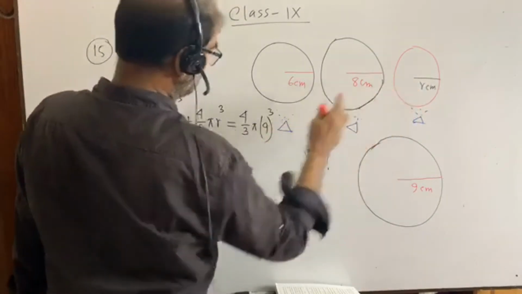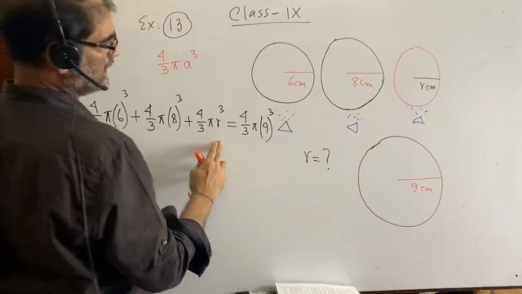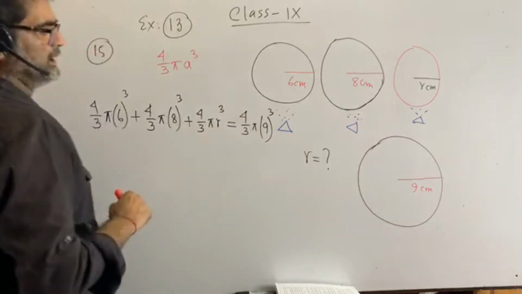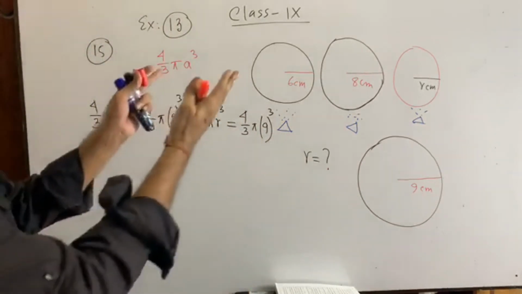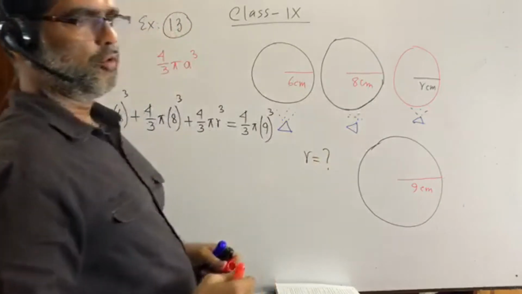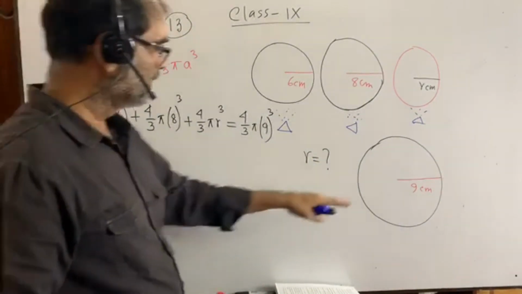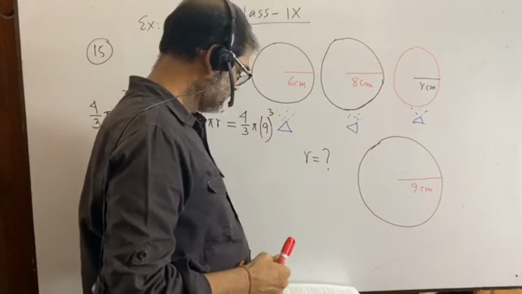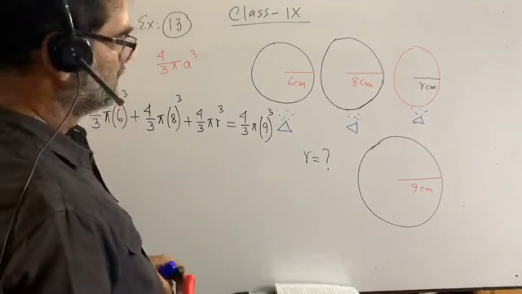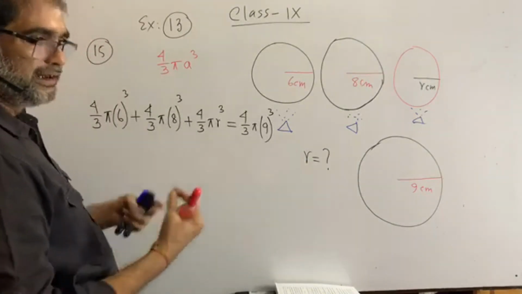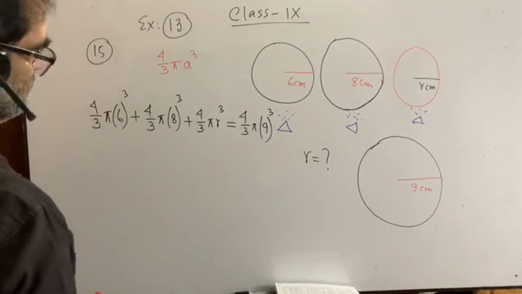Here radius is r centimeter. Here radius is 9 centimeter. That is, if we melt all these three balls, the molten part will be used to form a new spherical ball.